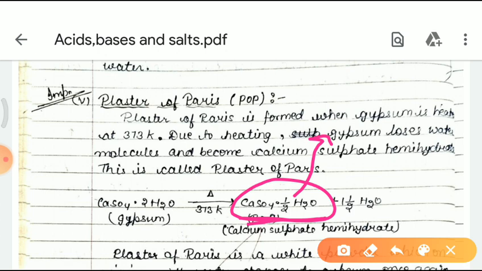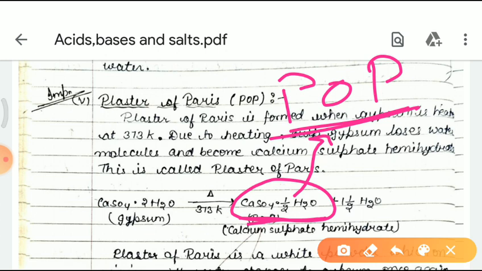Similarly, if we are considering the half water molecule, then this is what? Semi or hemi, right? And hydrate means water. So CaSO4 dot half H2O is called calcium sulfate hemihydrate, and this calcium sulfate hemihydrate is known as POP. Calcium sulfate hemihydrate is called POP.